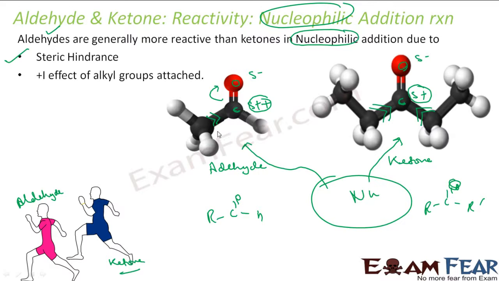That is one thing. And because of the plus I effect, since there are two R groups attached, they minimize the positive charge on carbon. Here only one R group is attached. They do minimize, but to a lesser extent. So this carbon in aldehyde has more positive charge, and in the ketone less positive charge. Since it has more positive charge, the nucleophile can easily attack.